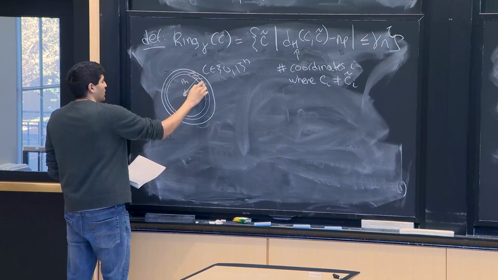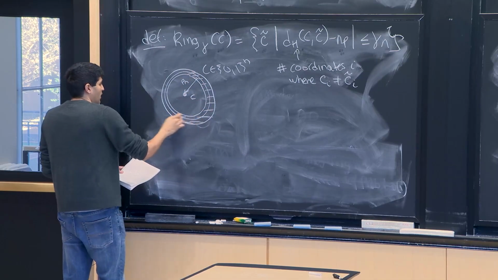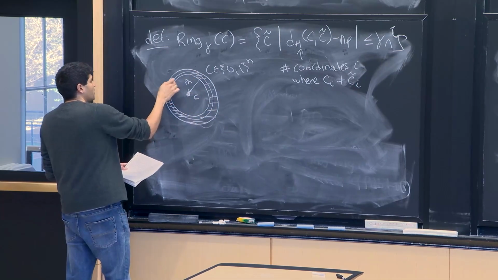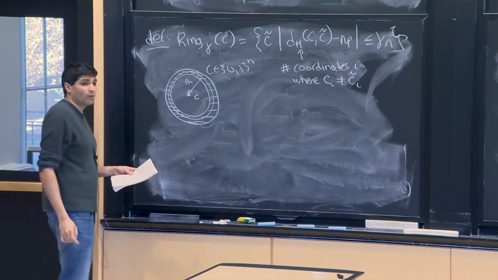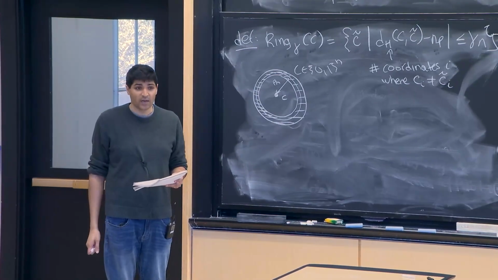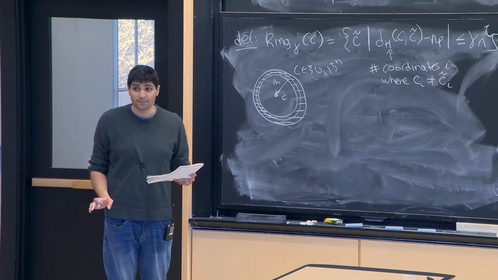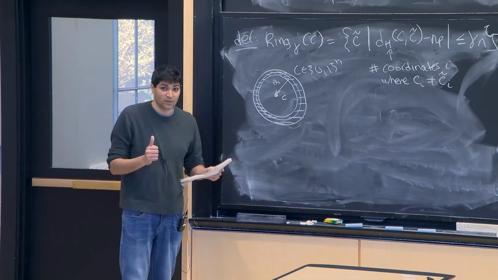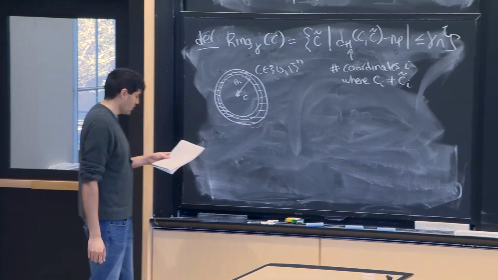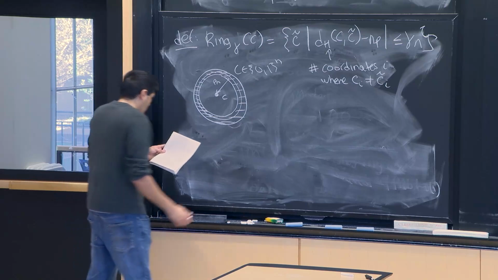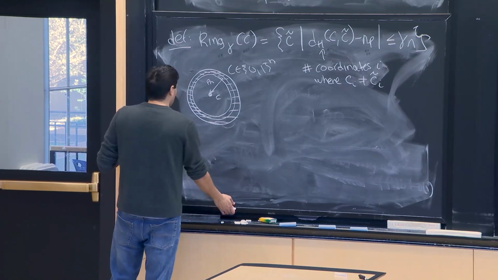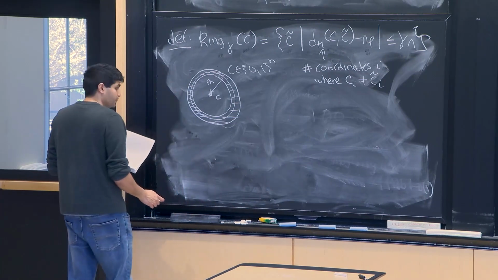This shaded region in between them is exactly what the set ring gamma around C is. So it has a center and it has a thickness. Okay? Any questions about that? This is just the definition. All right? And so now let me tell you the key lemma.